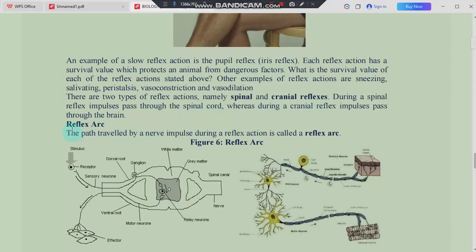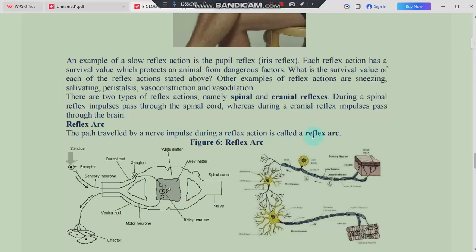And then we have the reflex arc. This reflex arc is simply the path that is traveled by an electrical impulse during a reflex action. All right, the path traveled by a nerve impulse during a reflex action is known as a reflex arc.